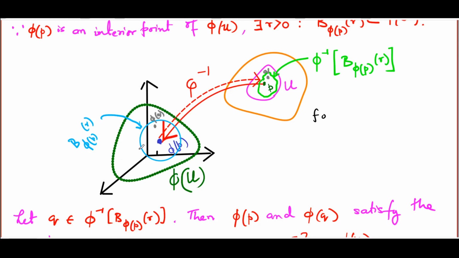So if we apply phi inverse on this blue set, that is the set bounded by the blue line in this figure, maybe I will get something looking like this, something bounded by the green line here. That's my phi inverse of B(phi P, R). I've chosen Q somewhere inside that. As a result, phi Q will end up being somewhere inside this ball.